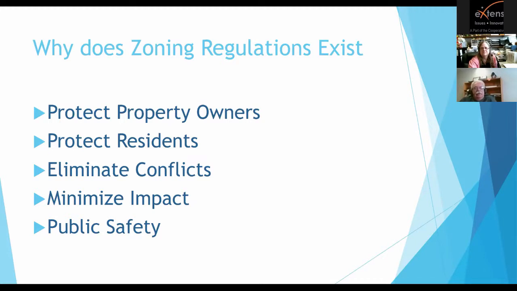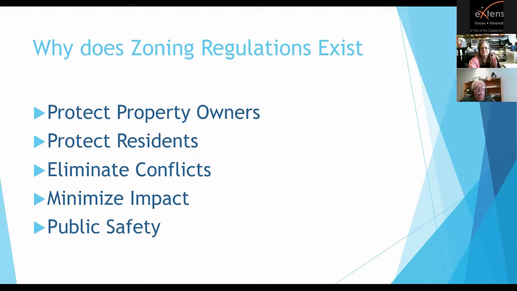Zoning regulations also exist to eliminate conflicts. As we get people in close proximity to others, there's always the potential for conflicts developing about what is proper and what is not proper use of properties or behaviors. Another reason we have zoning is to minimize the impact of whatever behavior we are creating regulations for.